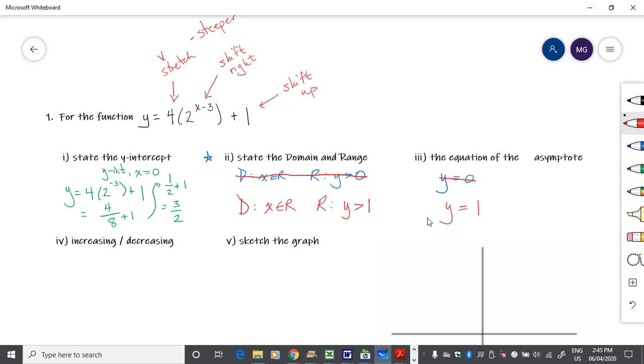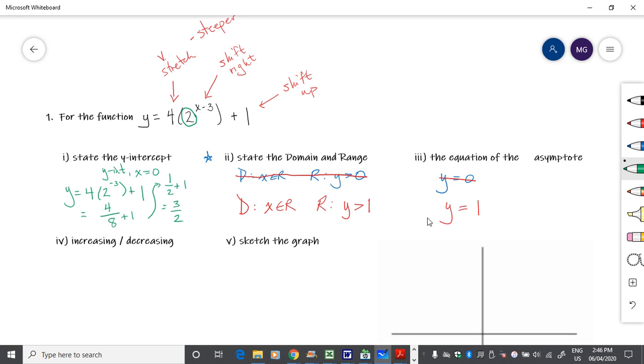Lastly, take a look at part 4. For me to examine part 4, that means that I need to go through and see what is that function doing, increasing or decreasing. And that relies on me then noticing what does a base 2 exponential function look like. And as soon as I notice that that base is greater than 1, I know that my graph is increasing.